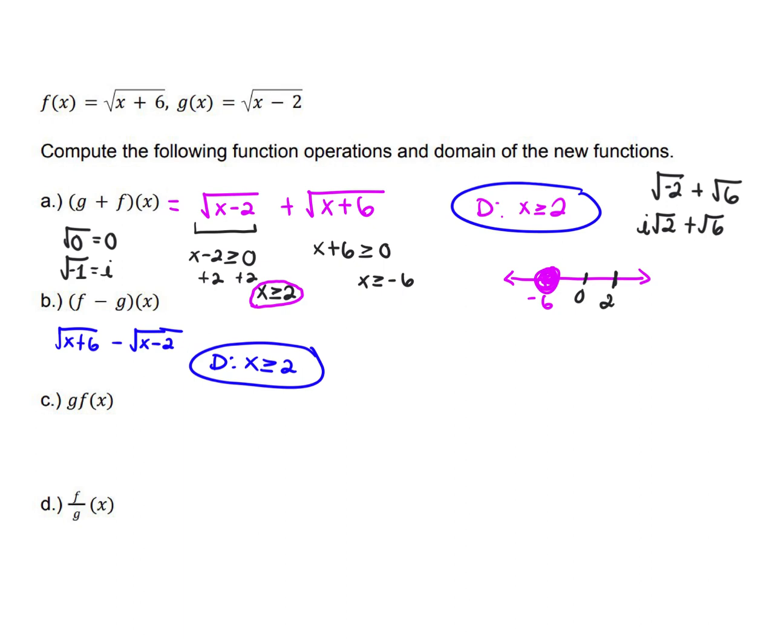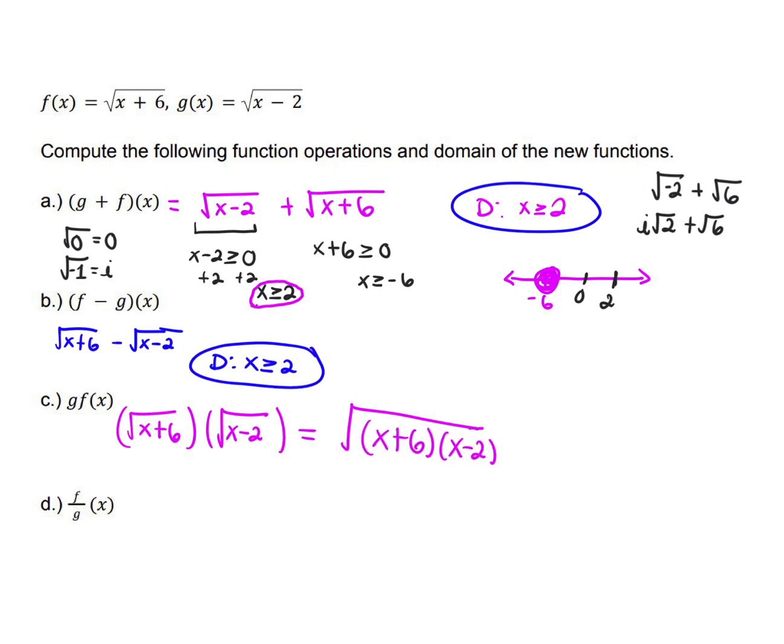Now we have g times f of x. So that's going to be the square root of x plus 6 times the square root of x minus 2. So that's going to be the square root of x plus 6 times x minus 2.